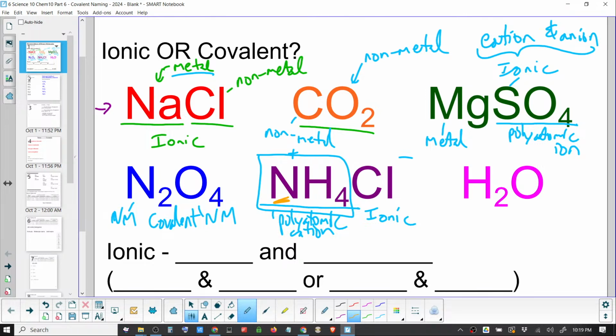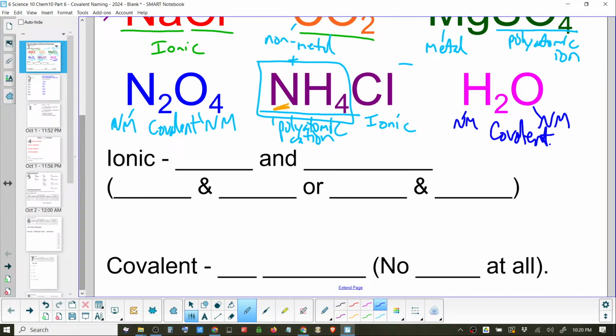We call it ammonium chloride. H2O, we have a non-metal and a non-metal, and so this is covalent. If we wanted to get really technical, we would call it dihydrogen monoxide, although that is not its actual name.